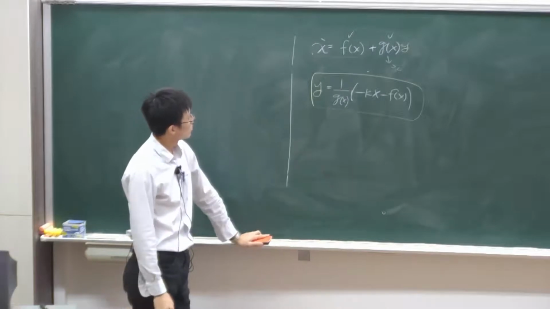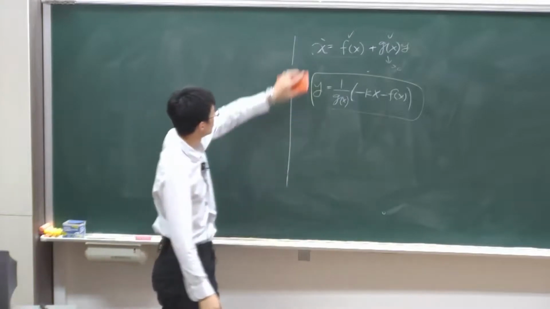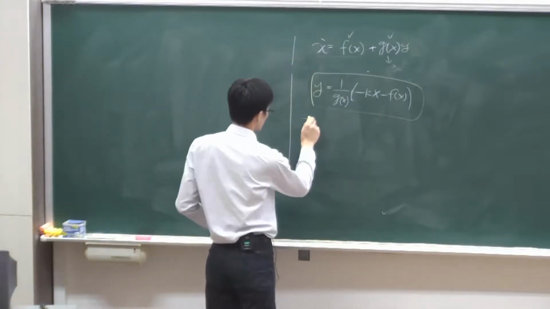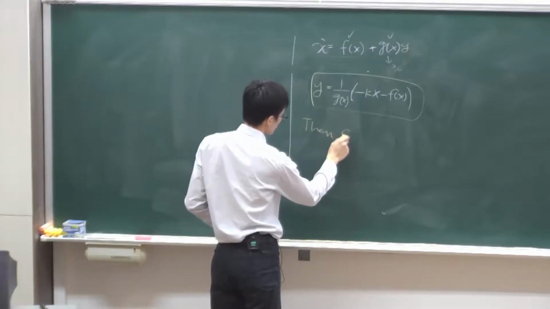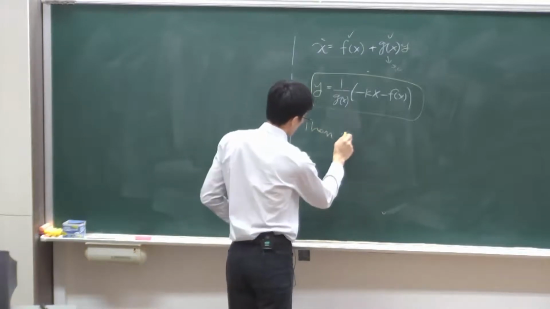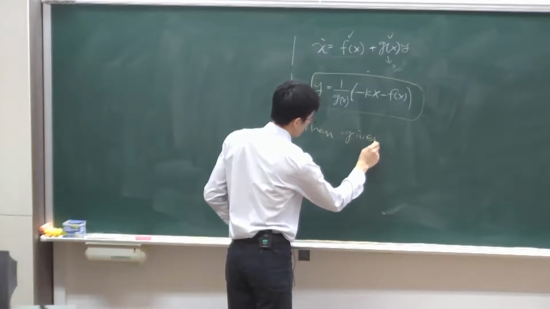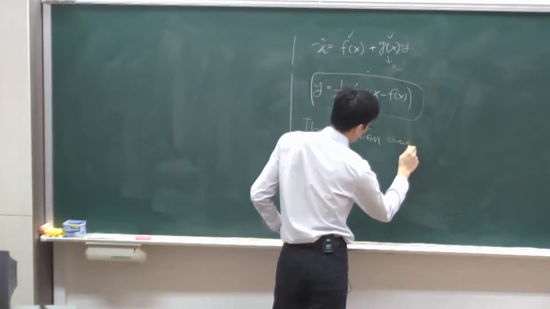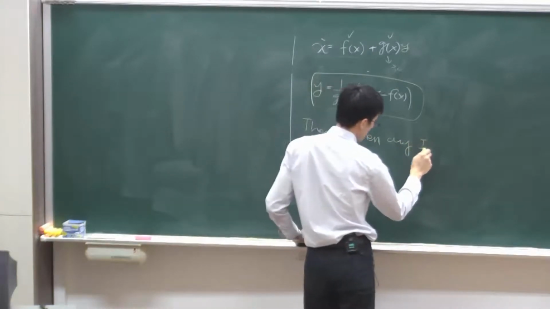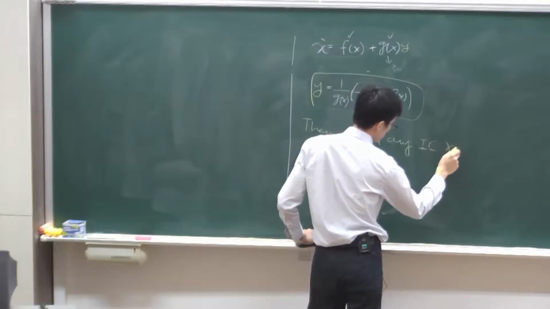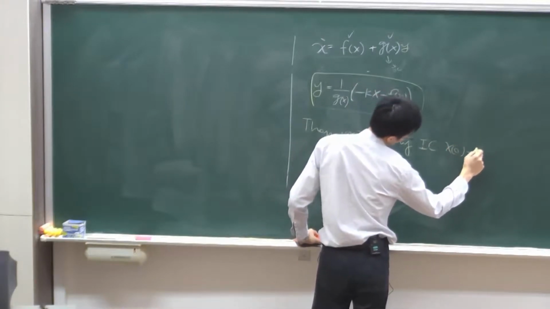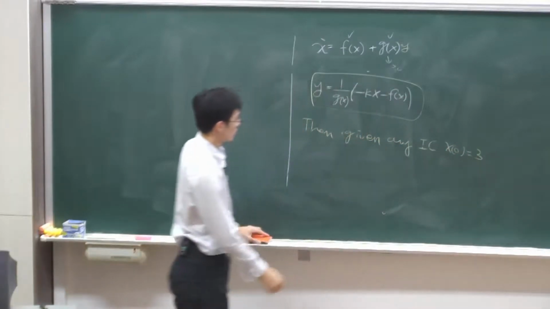X, eventually x, given any initial condition, x 0 equal to maybe 3, whatever.